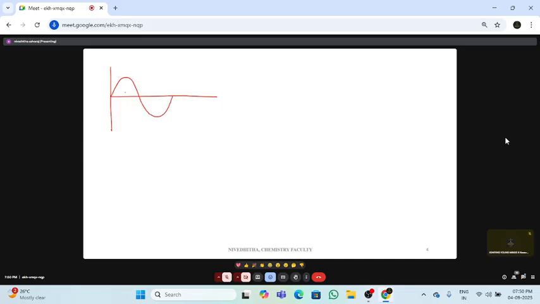Let us take one electromagnetic radiation. See, this is considered to be one complete wave. In one complete wave, this is called the crest, and this region is called the trough. This is one complete wave, and this is another complete wave, and this is another.